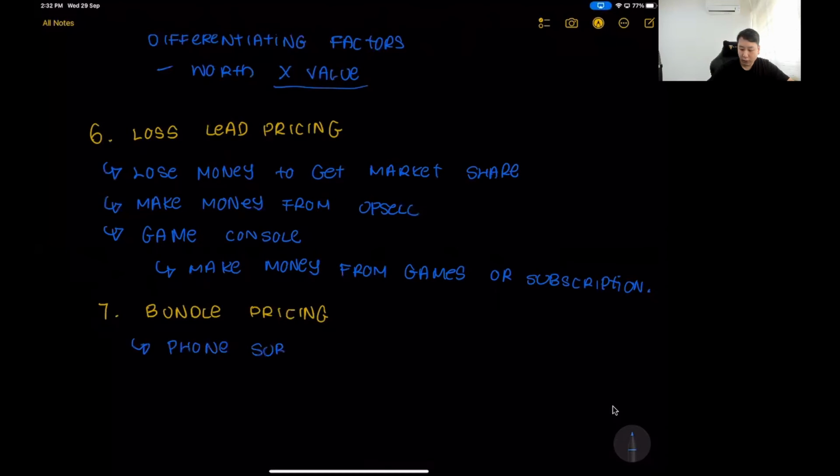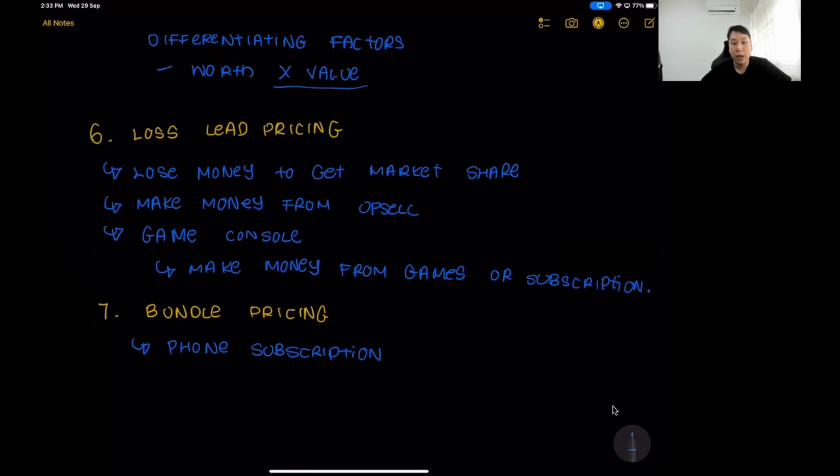When you buy just the phone itself, it probably costs about $1,500. But using bundle pricing, the telco will probably charge you $300 when you sign up for a plan for 2 years, with a subscription every single month. If you just buy the phone itself without any telco plan, it will be $1,500.